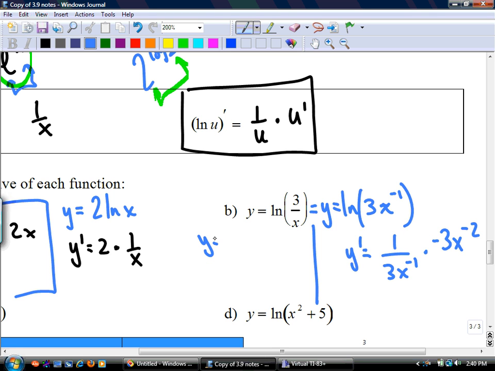Cam said, Mr. App, why don't we just do this? Use your math 12. It's not kryptonite. What's the derivative of ln 3? 0, because it's a constant. What's the derivative of ln x?